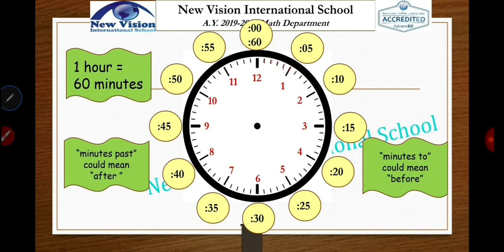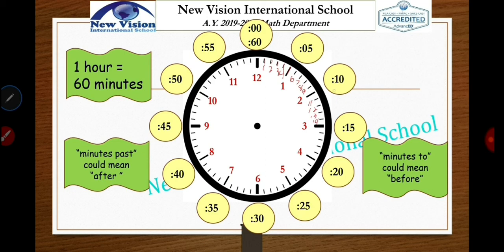So meaning to say, if you will count the small lines in between the hours, that's 1, 2, 3, 4, and then you have 5 here, and then 6, 7, 8, 9, and then you have 10, 11, 12, 13, 14, 15, and so on.